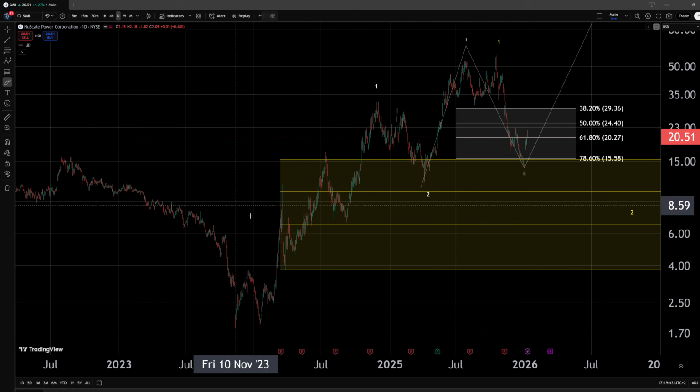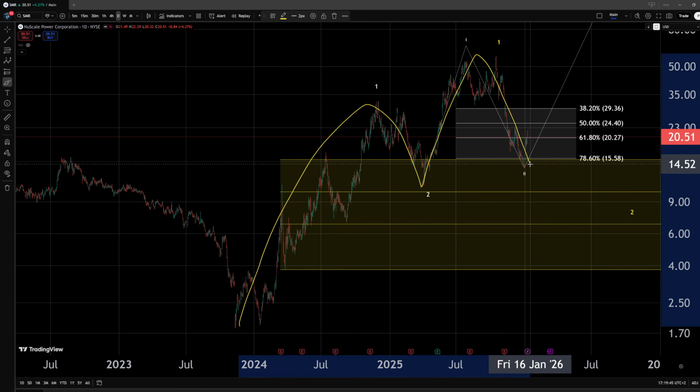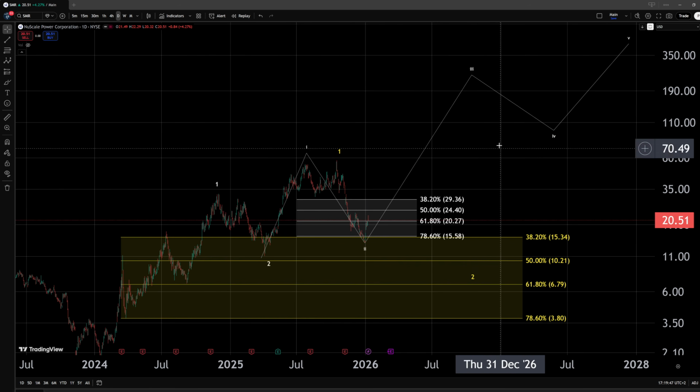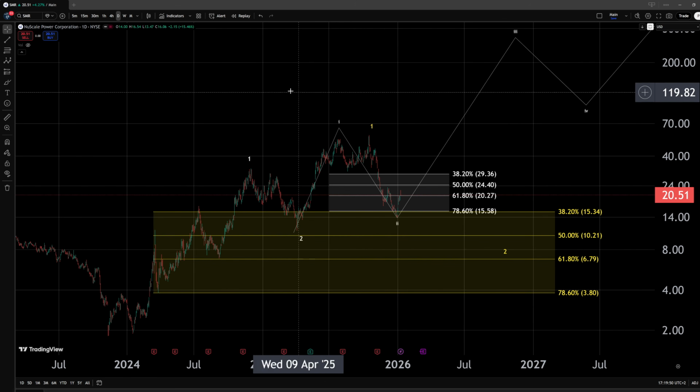And here we have been tracking this idea of a double 1-2-1-2 setup, where we would expect a third wave to follow here within the white interpretation.